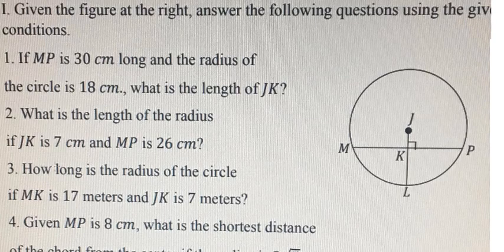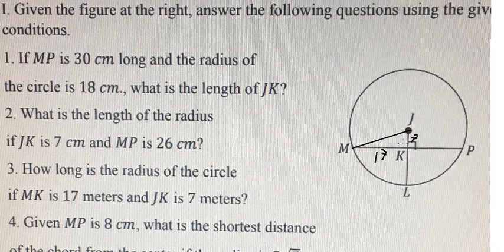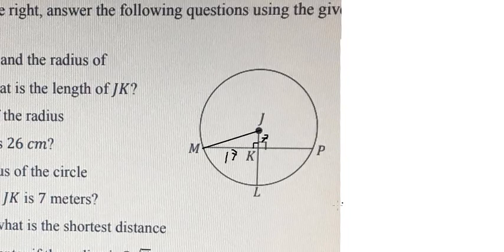Question number 3. How long is the radius of the circle? If MK is 17, JK is 7. So we have MK, that's 17, and JK is 7. We apply the same formula we just did. That's the Pythagorean theorem.